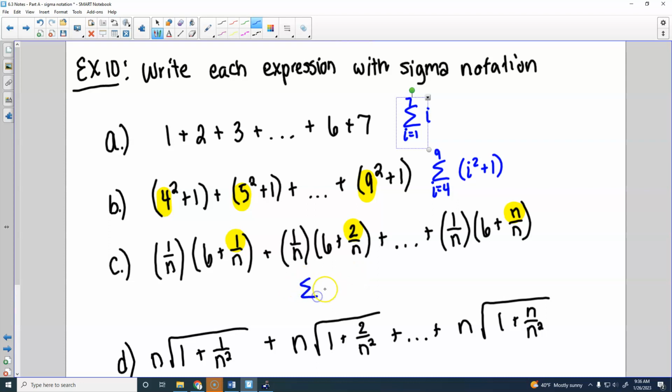You're going to have the sum of 1 over n times 6 plus the value that's changing, this 1, 2, 3, 4, 5, n right here. That is your I over n. Right, so that value that's changing, the position that it's in, is the one that's going to be replaced with the I there. Where do we start at for this one? 1. Where do we end? N.